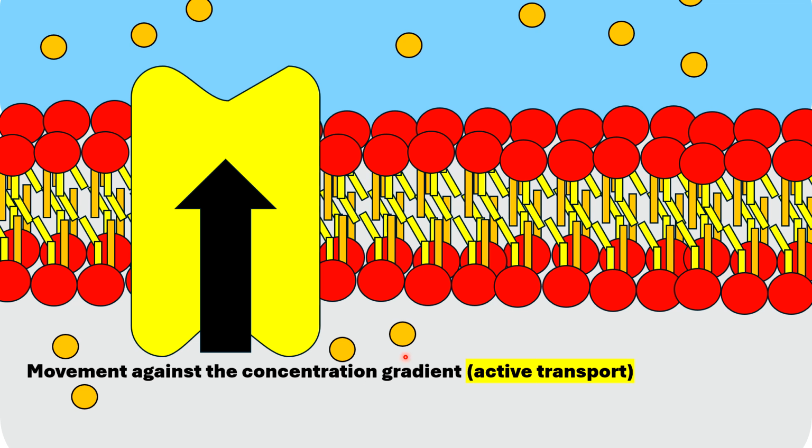But what about moving molecules from the inside of the cell to the outside? Because in this case we're moving from a low concentration to a high concentration, which is the opposite of simple diffusion. So we can't do simple or facilitated diffusion in this case. Sorry. And that's when active transport comes into play.